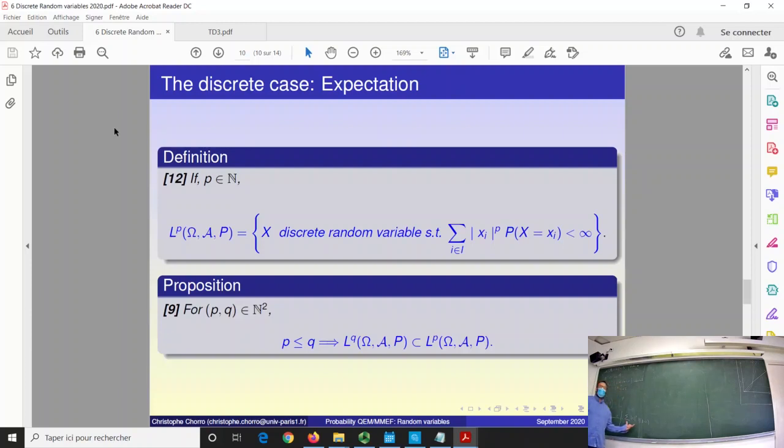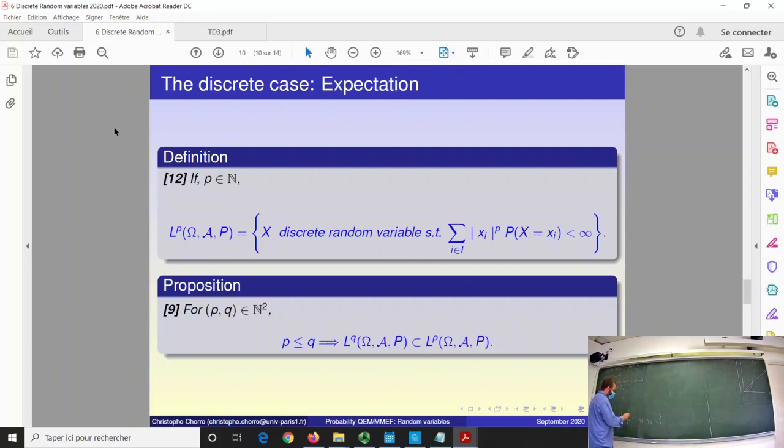So here I have a sum, okay, a countable sum that may be finite or infinite but countable, of positive terms. You know that when you have a sum of positive terms, I have only two possibilities, plus infinity or finite. And I want this sum to be finite in this situation. So it's the set of the random variables that are discrete such that this sum exists and is a finite number, not plus infinity.